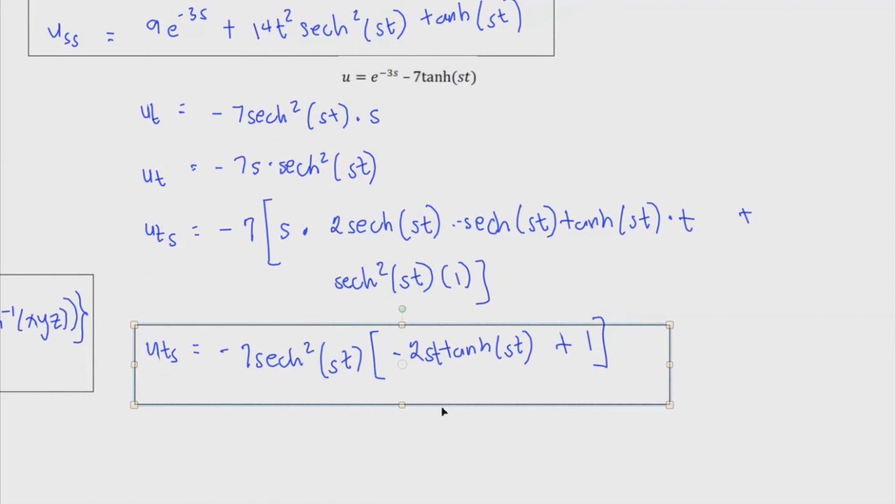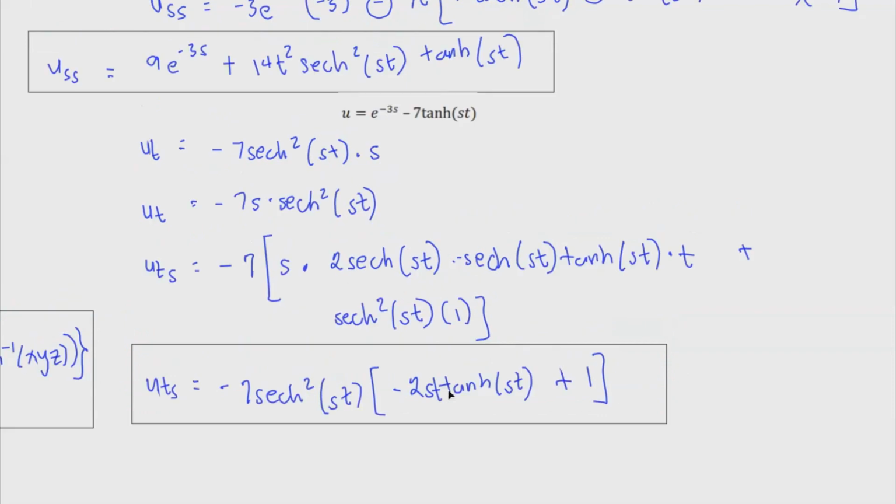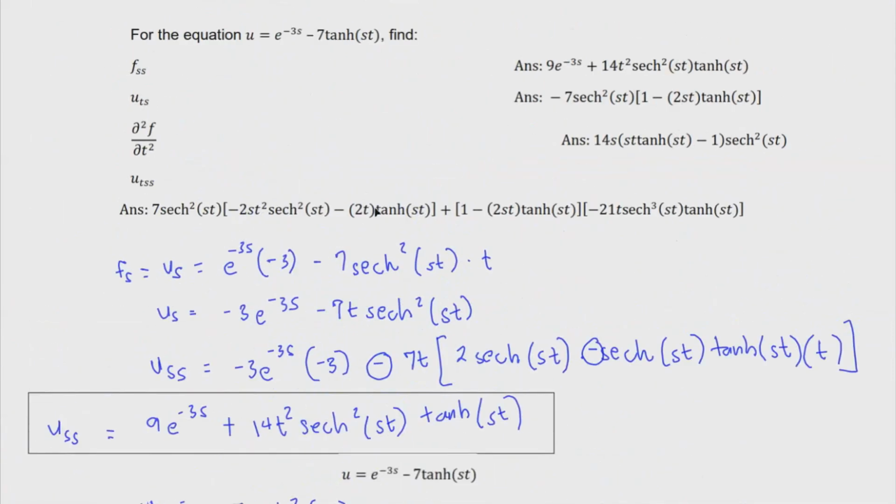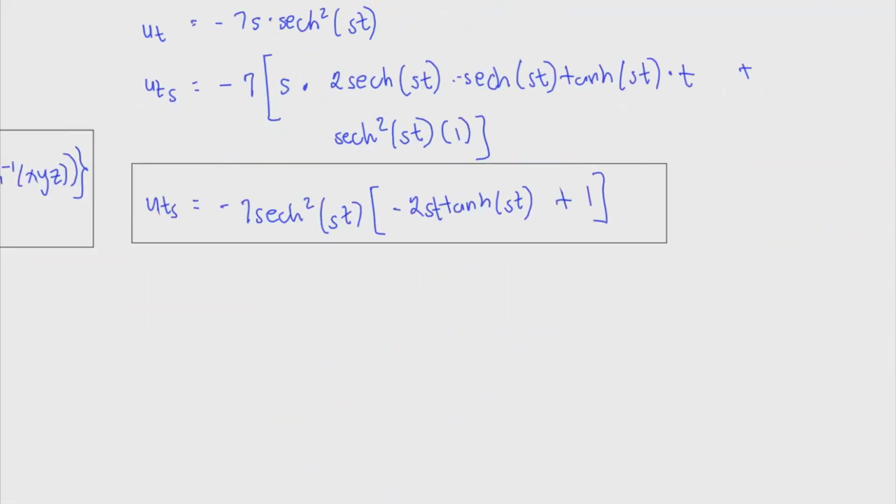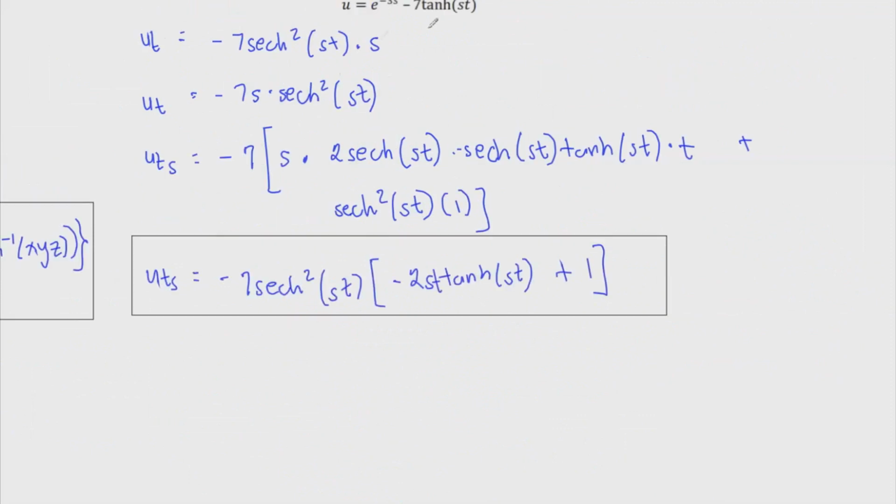Okay, and then finally, oh, it's not yet the final question. What we have here is the second partial derivative of f with respect to t. So we already obtained the first one here, that's u sub t. From this, I'll just continue with respect to t. So u sub t is equal to, this one is a constant, negative 7s, so that will just be copied.